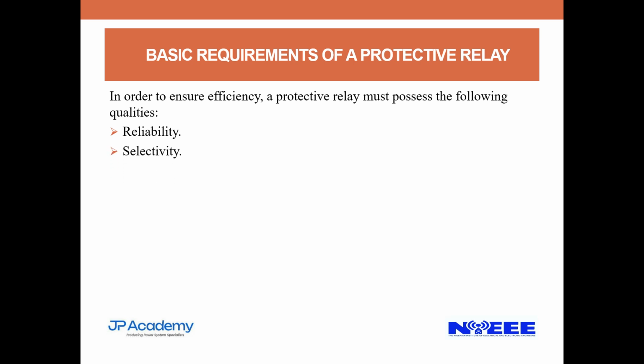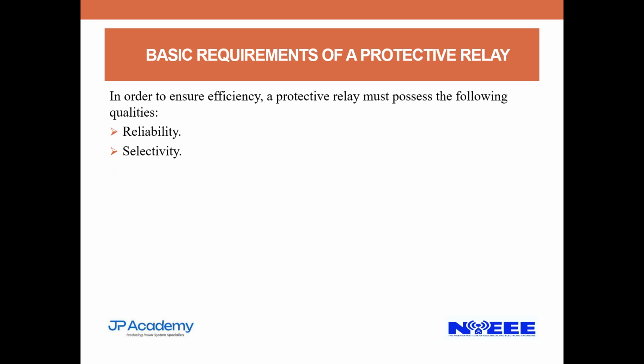The second quality we have is selectivity. Selectivity is a measure of how well this protective relay limits the loss of continuity by isolating the smallest unhealthy part of the electrical network before it spreads into the healthy part. If you come back to our objectives of power system protection, we said it's to isolate the fault.